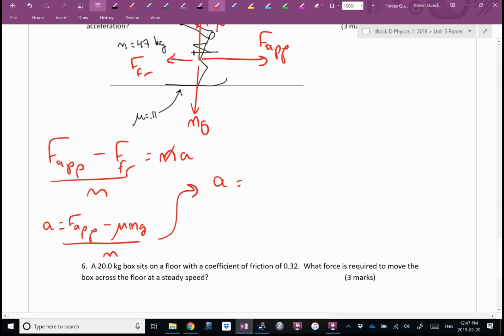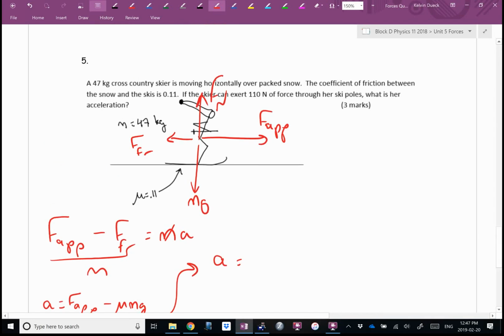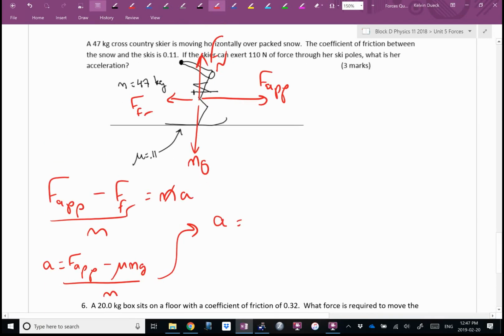A is going to be F applied, 110 newtons. Mu, 0.11. Yeah, that's about right for powdery snow. M, 47. G, 9.8. Divided by 47.